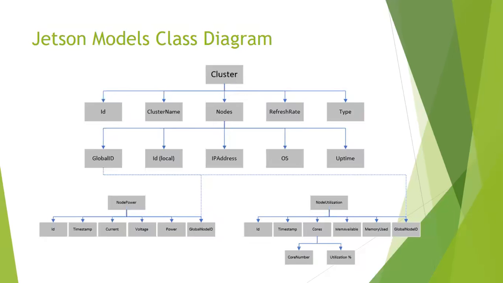It also includes the name of the cluster and the ID of the cluster. The same sort of structure is applied for nodes, and then within each node, power and node utilization. Each one contains a timestamp saying when that particular data was received, and that is what's used to pull the latest data as well as historical data for displaying in the web client.